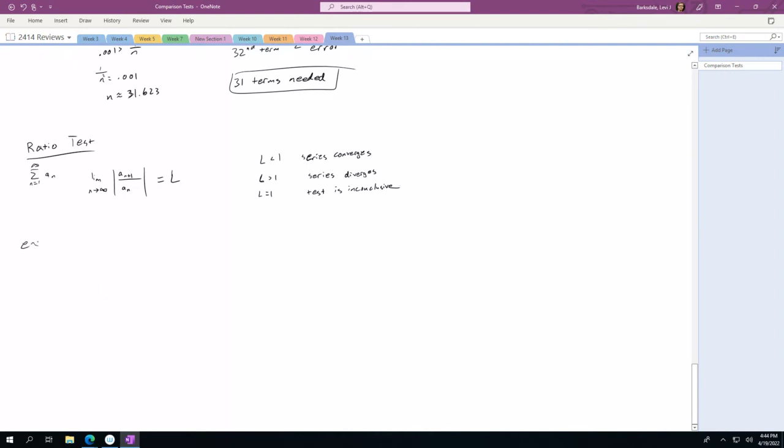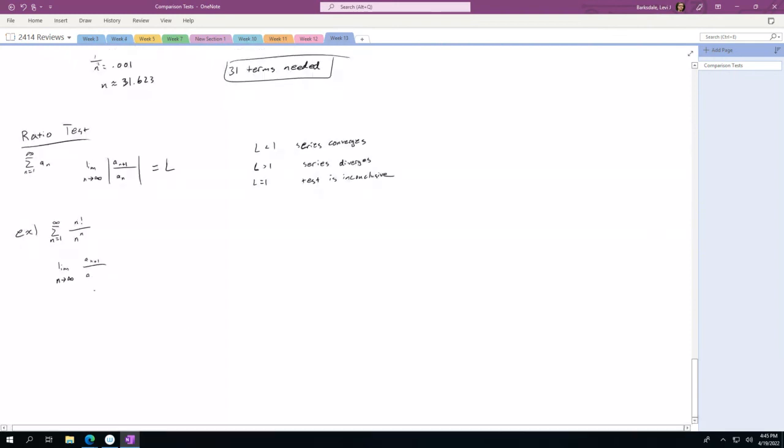So let's do a quick example of the ratio test. Suppose we have the sum from 1 to infinity of n factorial divided by n to the n. Well, we need to take the limit as n goes to infinity of a sub n plus 1 divided by a sub n. Of course, we would want to take the absolute value of that. In this case, everything's positive, so it doesn't matter a ton, but it's good form to put those absolute value bars.